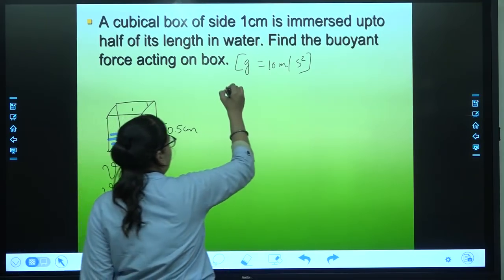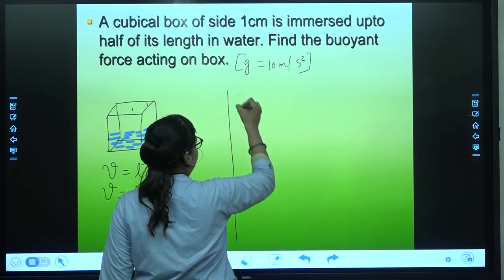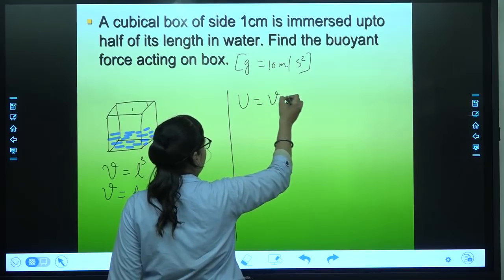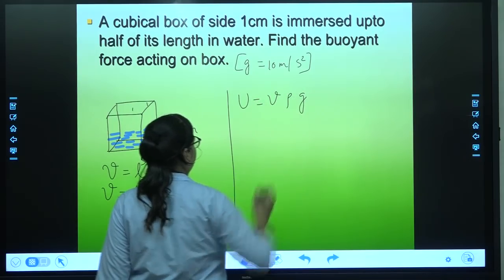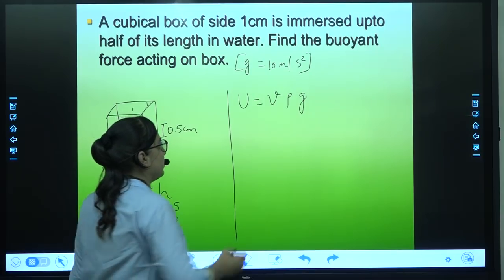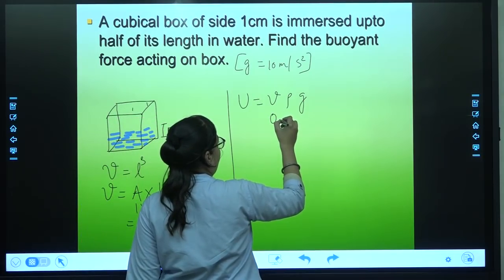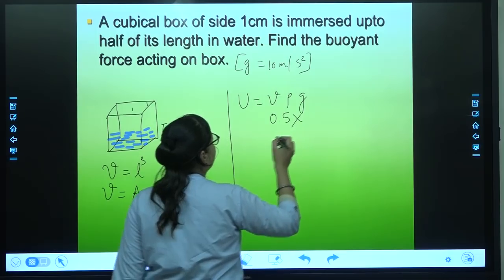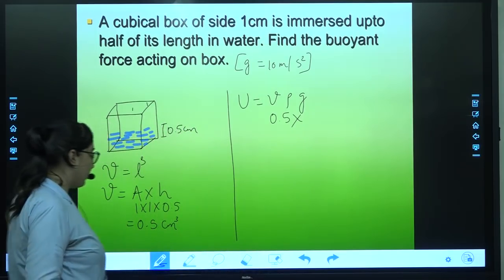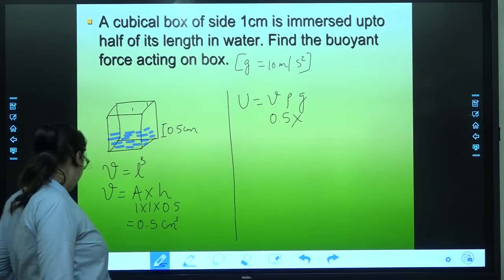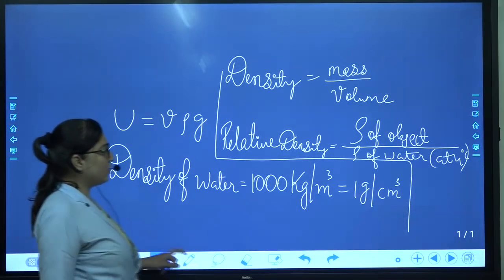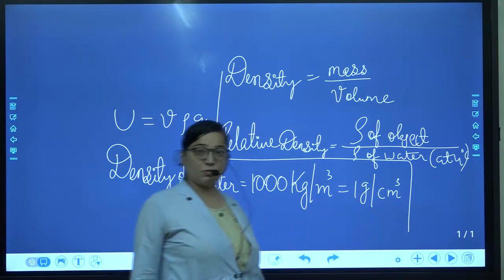Now buoyant force U is equal to V rho and G. What is the volume? 0.5. What is the density of water? In CGS unit. We are doing everything right now in CGS unit. So density of water is 1 gram per centimeter cube.